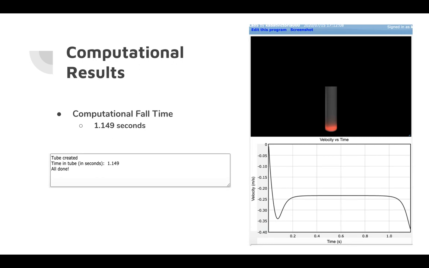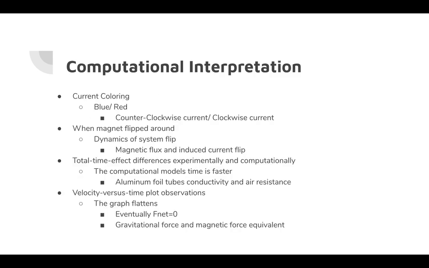So my computational fall time was 1.149 seconds, which is faster than what my experimental fall time was. And to the right, you can see the model of the aluminum foil with a red bottom, which is representing the bar magnet, and then a graph of velocity versus time of the bar magnet's drop.